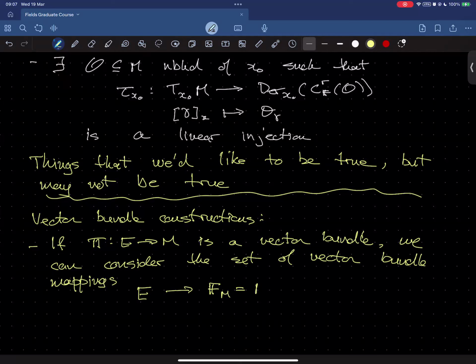So this is M cross F. Okay, so this is a vector bundle over M, with fiber being just the scalar field F, and the vector bundle projection here is just the projection onto the first factor. And here I'm considering these things as being defined over the same base. Okay.